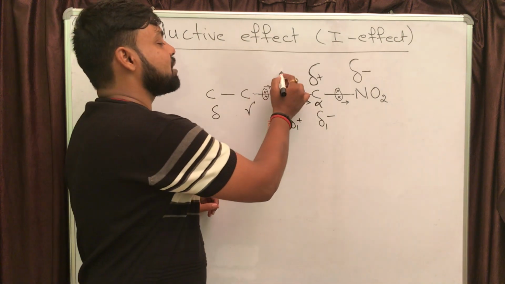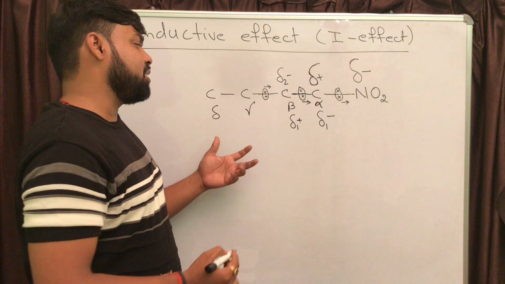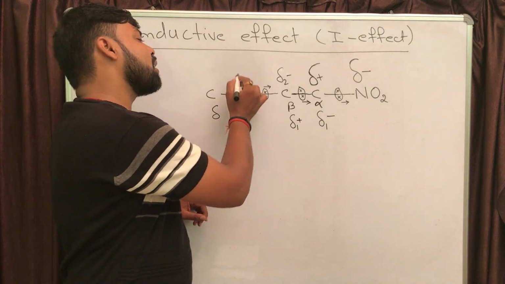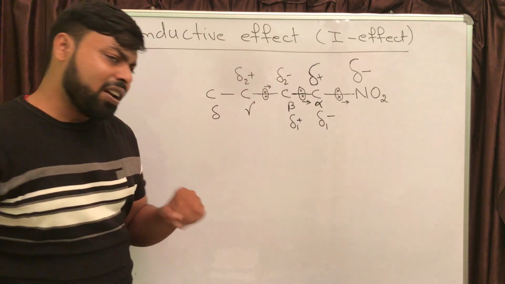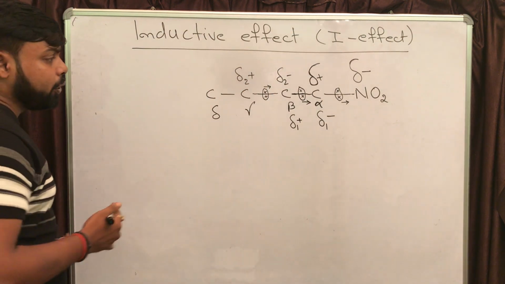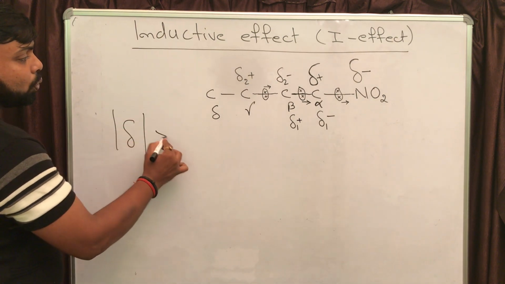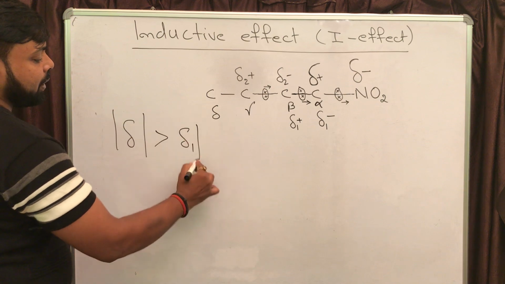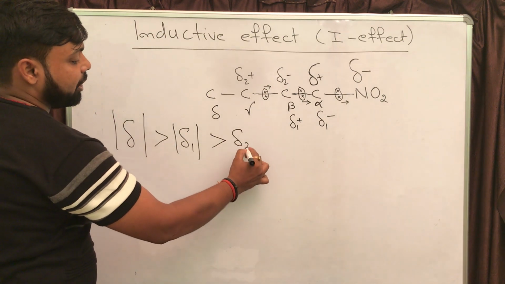Let us say it is represented by delta 2 negative, and in similar fashion this gamma carbon is going to acquire delta 2 positive. Now if you talk about the magnitude, definitely the magnitude of delta is more than delta 1, and the magnitude of delta 1 is going to be more than delta 2.